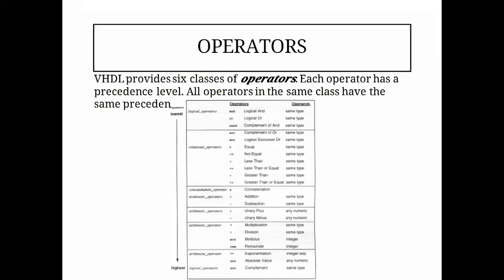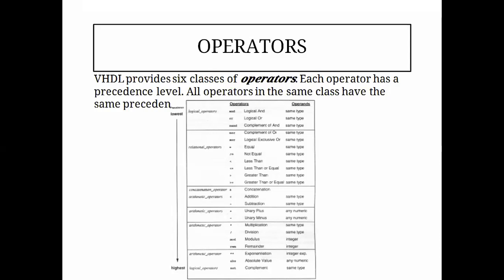Previous to that, we discussed data objects also. Again, I will repeat in short. Don't ever get confused between data types and data objects. Data objects are a different thing. What are the data objects? Signal, constant, variable. And what are the data types we discussed in the last lecture?